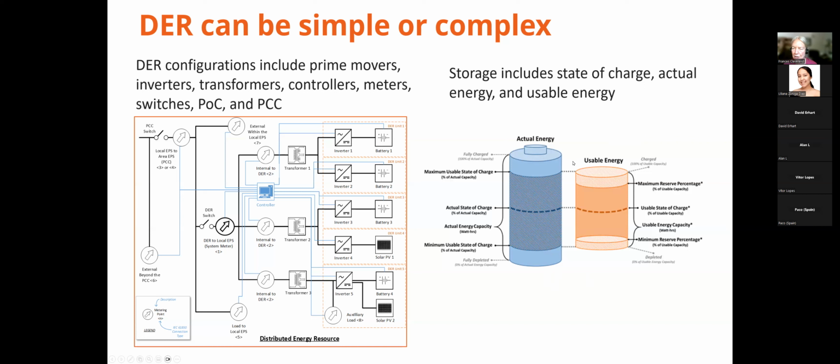And so there's a different part of it that is the actual usable energy. And then there's a way of determining the state of charge. In some cases, the vendor will simply say, this is my state of charge. I'm not going to tell you how I figured it out, but this is my state of charge. Or you can measure it and come up with a value.